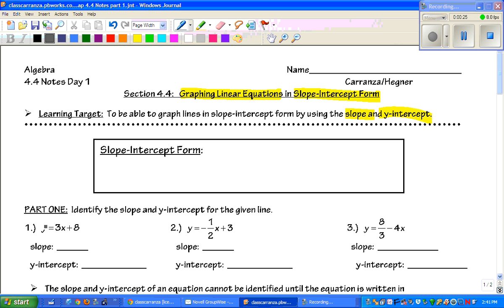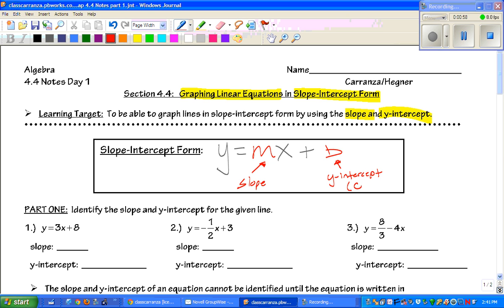If you remember back from your freshman year, I know it's a long time ago because it was 2 years ago, slope-intercept form is y equals mx plus b. The reason they call this slope-intercept form is that m stands for your slope and b stands for the y-intercept.